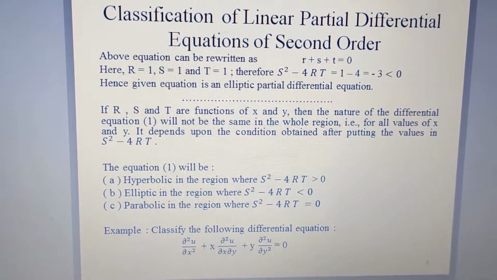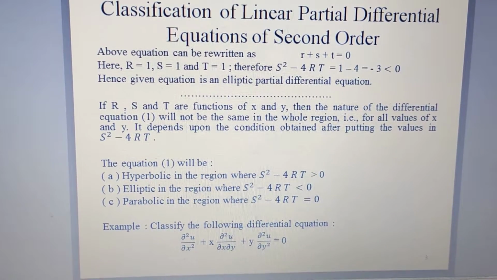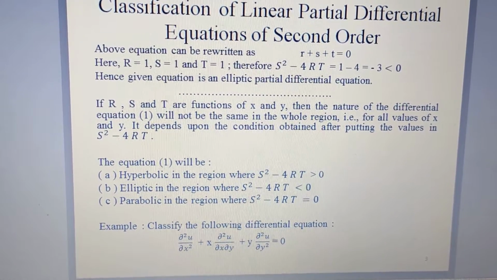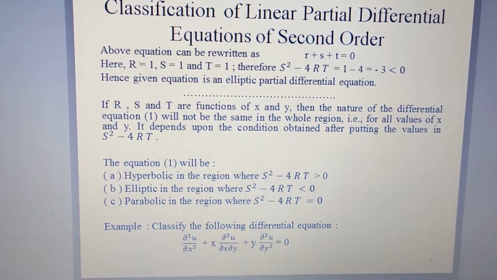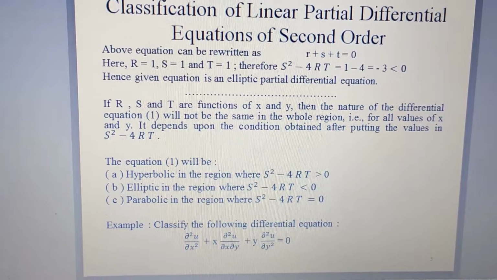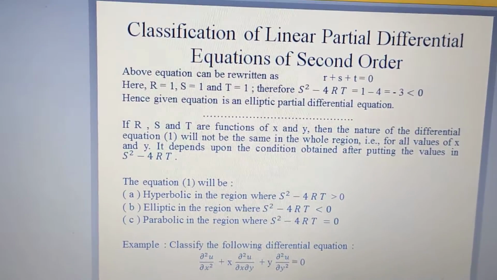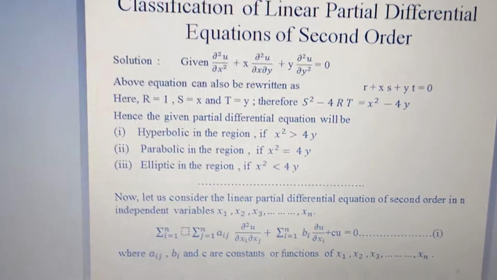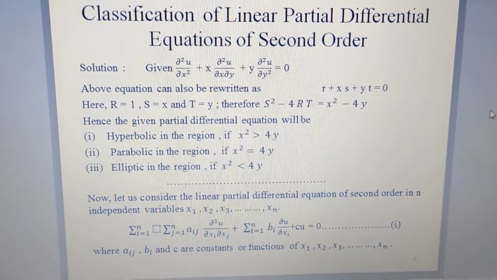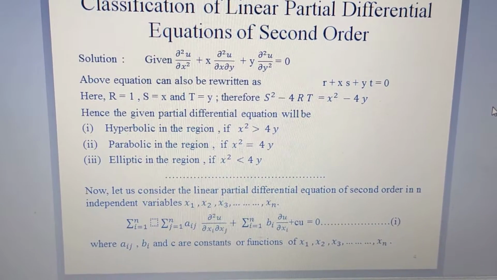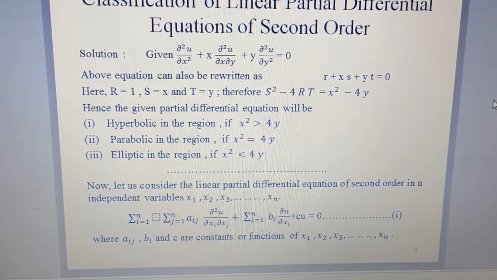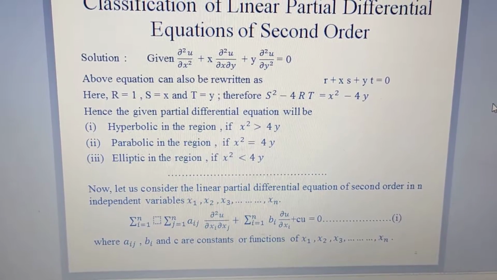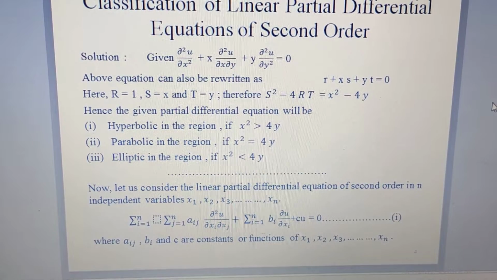Now let us take an example. Classify the following differential equation: ∂²u/∂x² + x ∂²u/∂x∂y + y ∂²u/∂y². If we compare this with the standard equation, then we have r is equal to 1, s is equal to x, and t is equal to y.